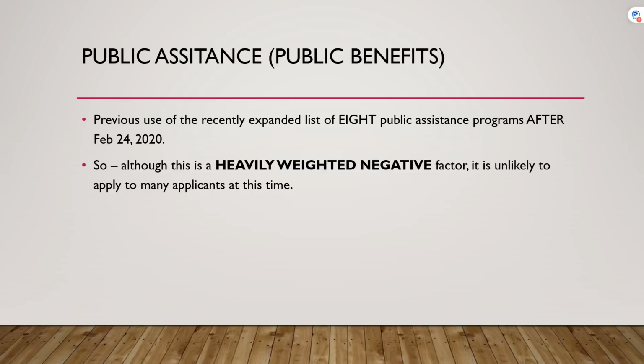If you get 12 months use of public assistance programs within a 36-month period, then that will be evidence that you are at risk of public charge.